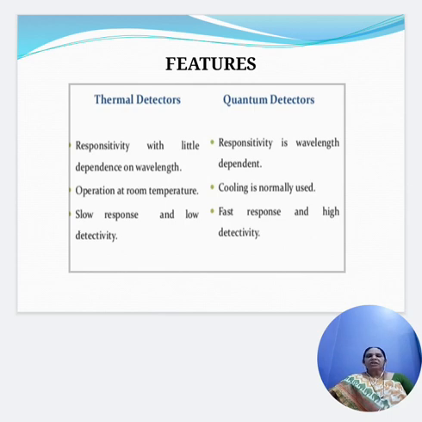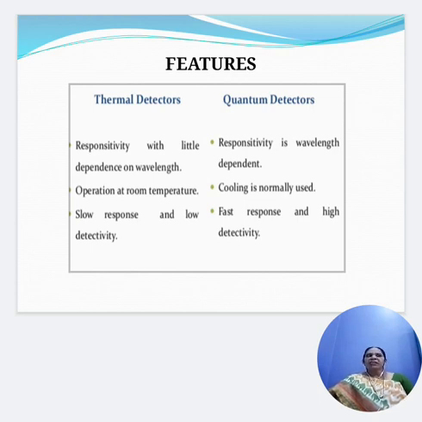Thermal detectors operate at room temperature, whereas for quantum detectors cooling is normally used. The thermal detectors have very slow response and low detectivity. Quantum detectors have fast response and high detectivity.